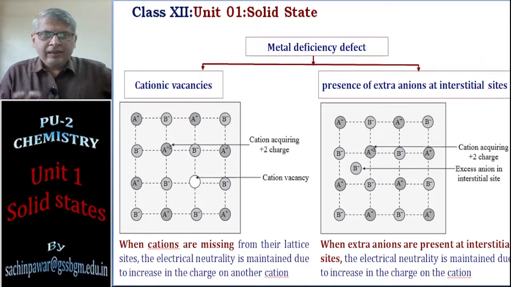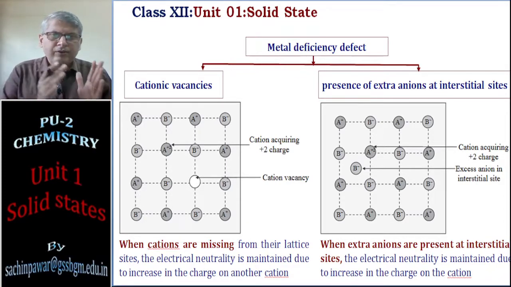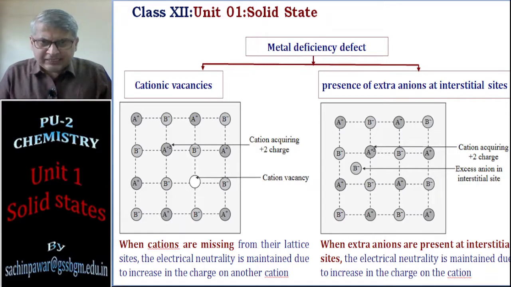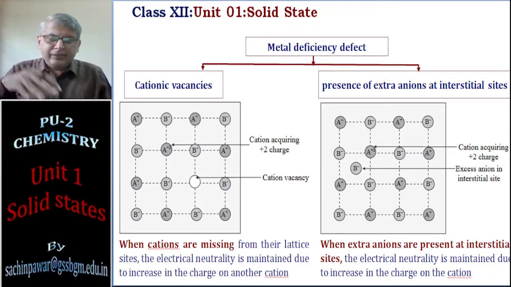Now electrical neutrality needs to be maintained. That is a requirement. That is, the total number of positive charge should be equal to the total number of negative charge. Now in this diagram, one B minus ion has been removed from the lattice. So one negative charge has decreased. One negative charge has been removed. So to maintain that neutrality, one positive charge needs to be added.